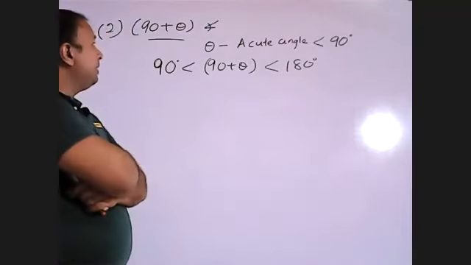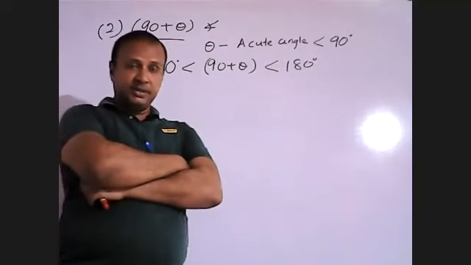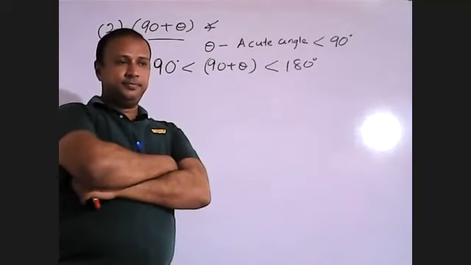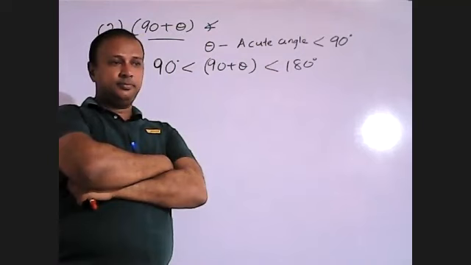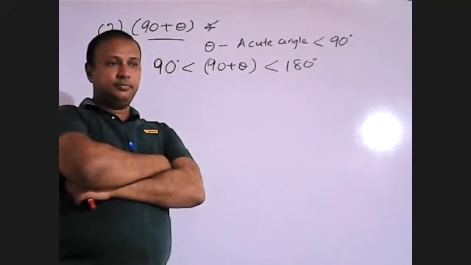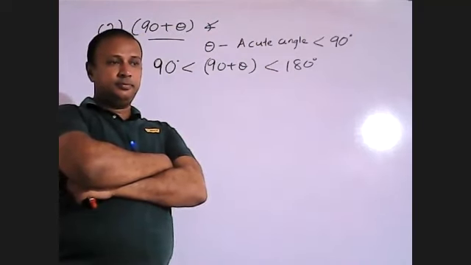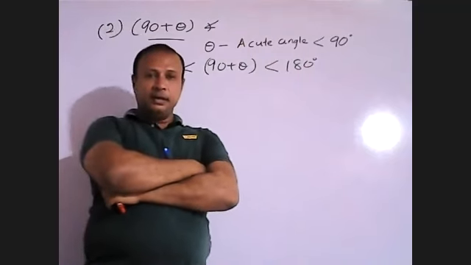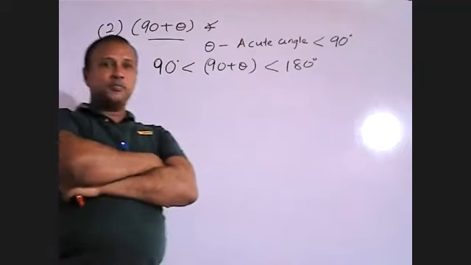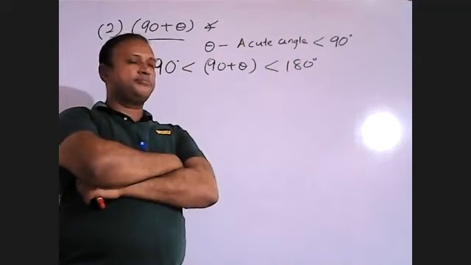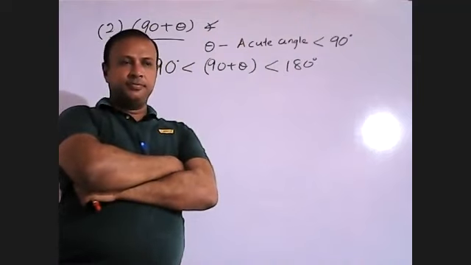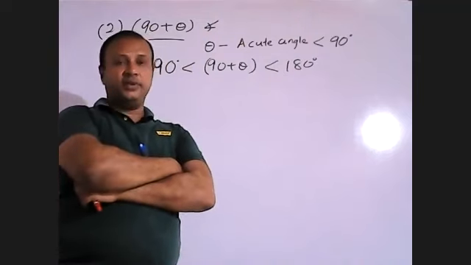That means 90 plus theta represents any angle in the second quadrant.